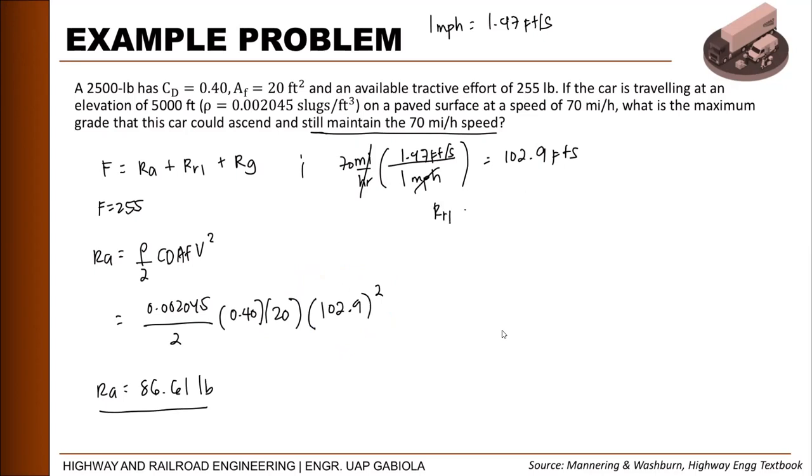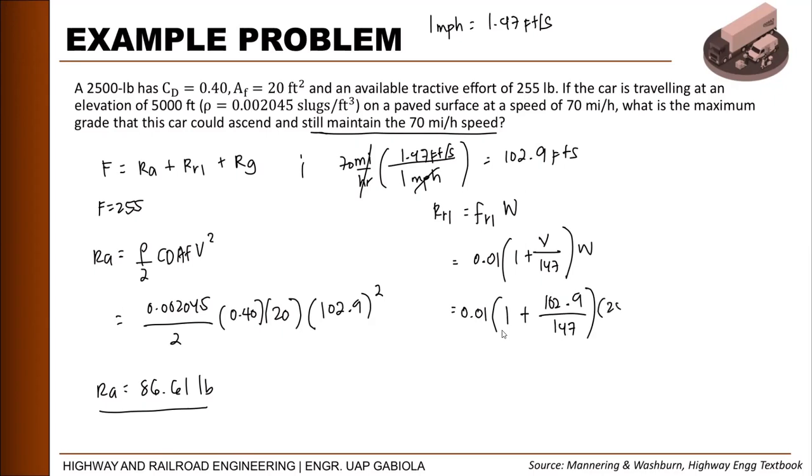Next is RRL. Okay. RRL natin is equals sa ating coefficient of rolling resistance times yung W natin. So yung weight daw ng car natin. So we have 0.01 times 1 plus yung formula natin, is V over 147 times W. Okay, so we have 0.01 times 1 plus yung velocity natin 102.9, 147 times 2,500.